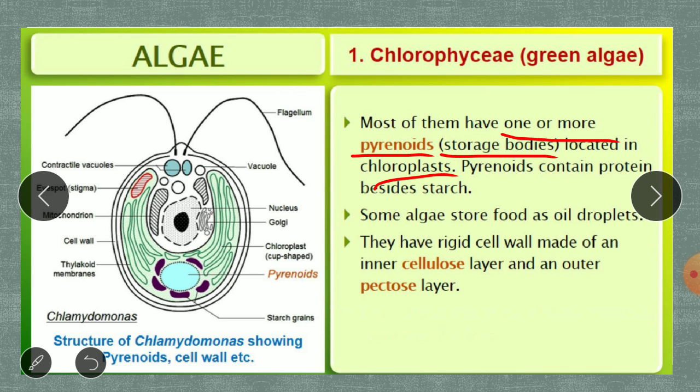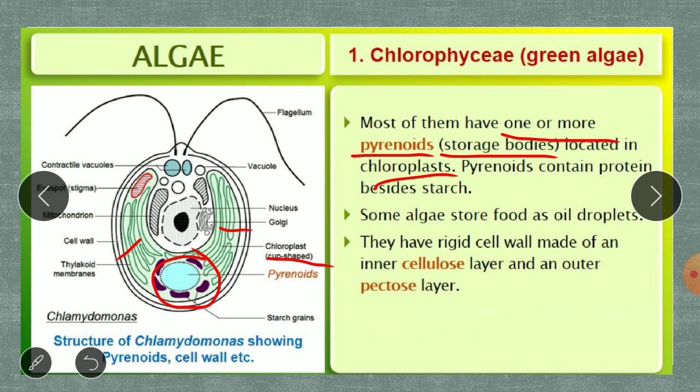As you can see in the diagram here, the green colored parts are the cup-shaped chloroplast. In this, the blue colored part is the pyrenoid. So this pyrenoid is the storage body.